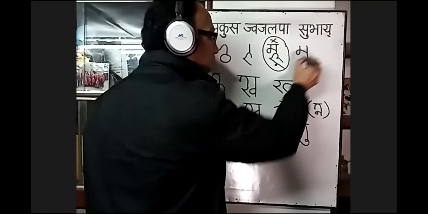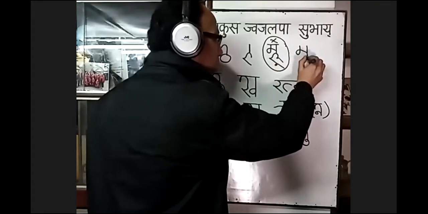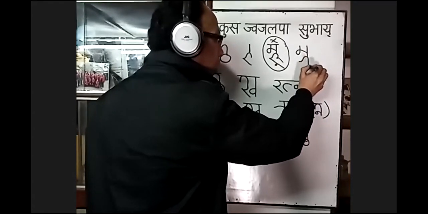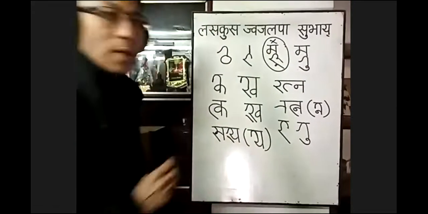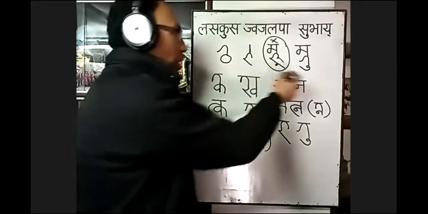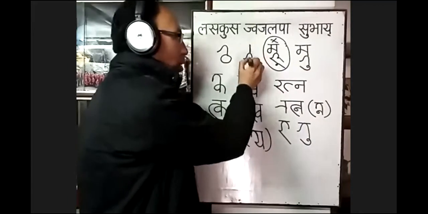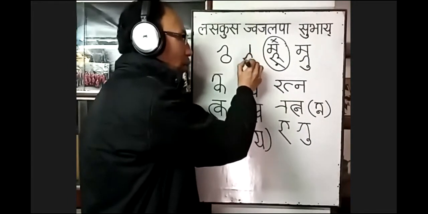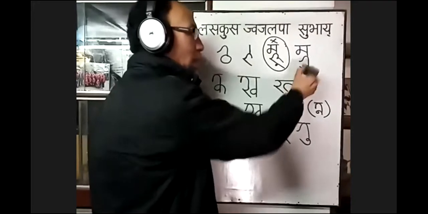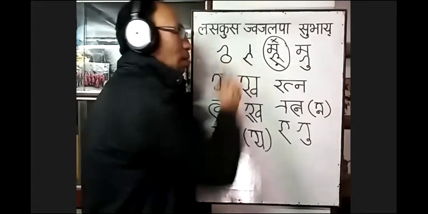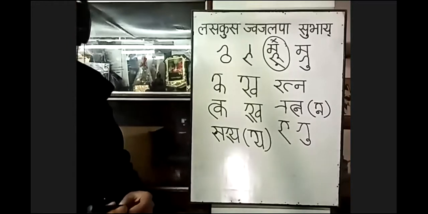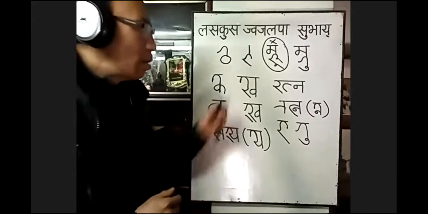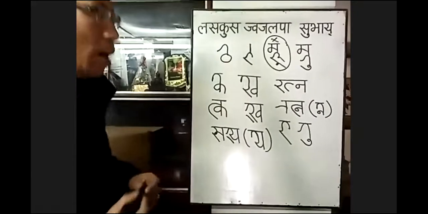Ma, and then swayambhu. It is because here it is only bha, but here it is bhu. That's why it is written like this. So these are the things that some people get confused in bha and ha.